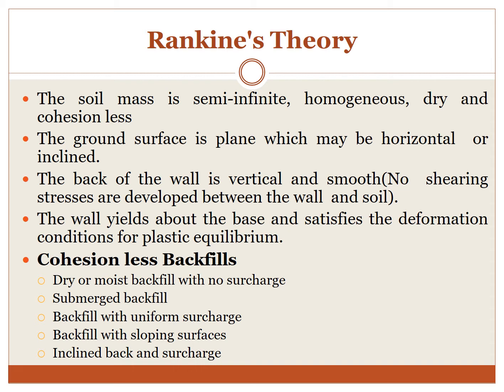Rankine gave a theory for cohesionless soil backfill for different cases. First case is dry or moist backfill with no surcharge. Second, submerged backfill. Third, backfill with uniform surcharge. Fourth, backfill with sloping.